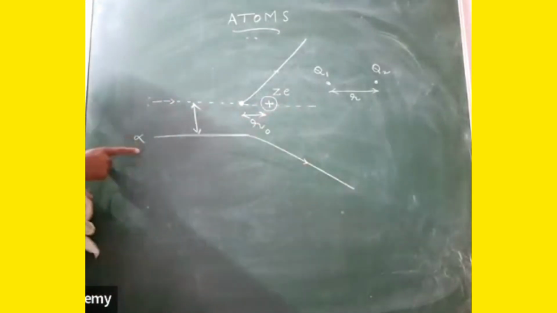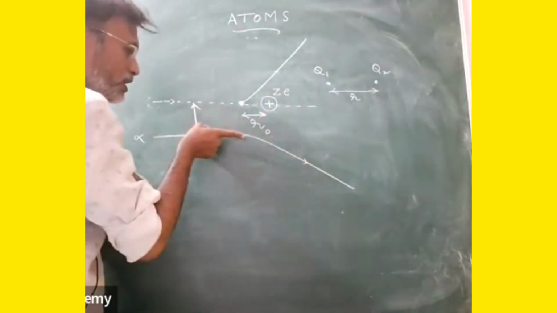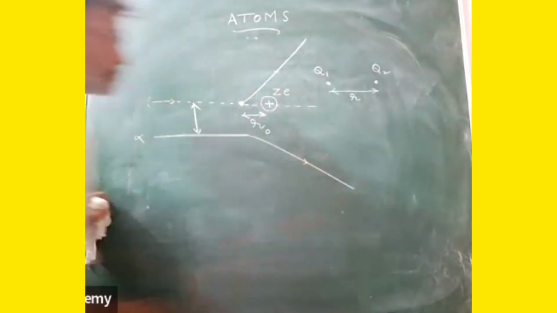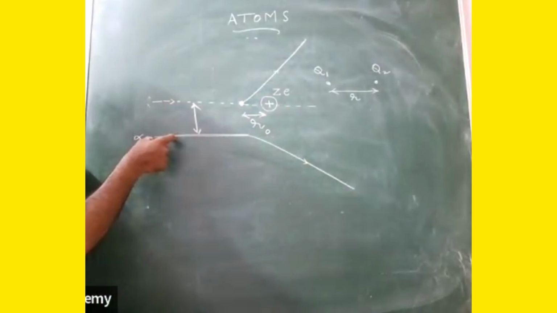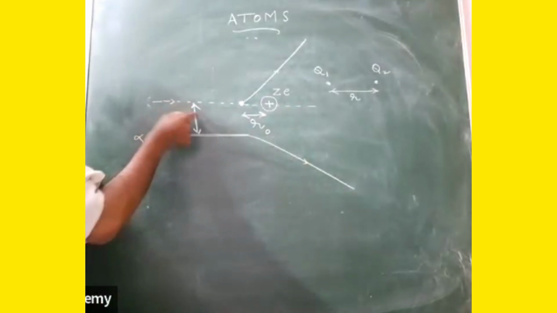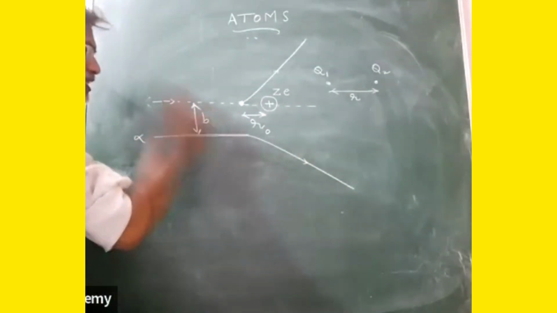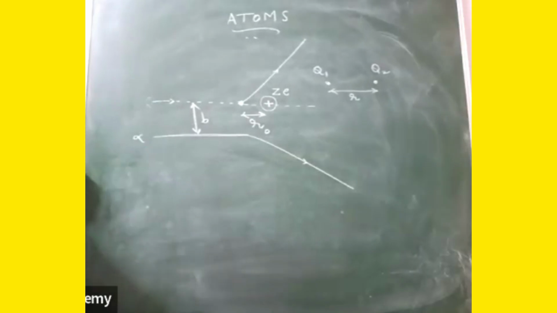If the alpha particle moves in this direction and is scattered like this, then the perpendicular distance between the scattered alpha particle and the nucleus is what we name the impact parameter.